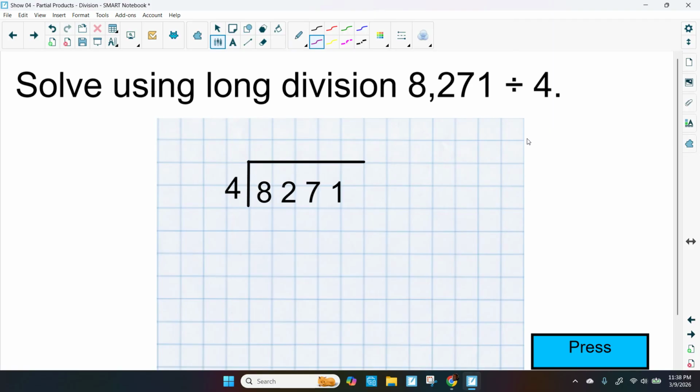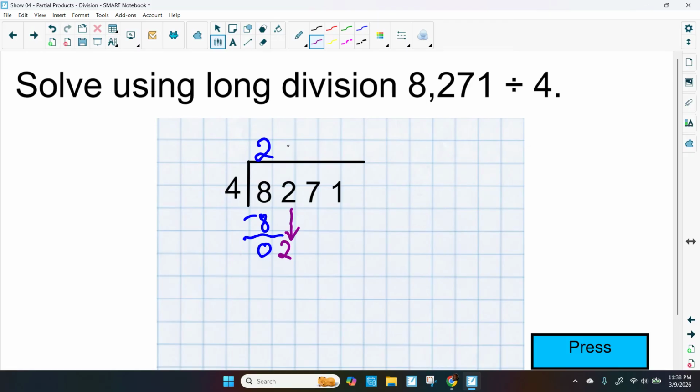All right. That's enough time for now. All right. 4 goes into 8 2 times because 4 times 2 is 8. And 8 minus 8 is 0. So now I'm going to bring down the 2 and see how many times does 4 go into 2.